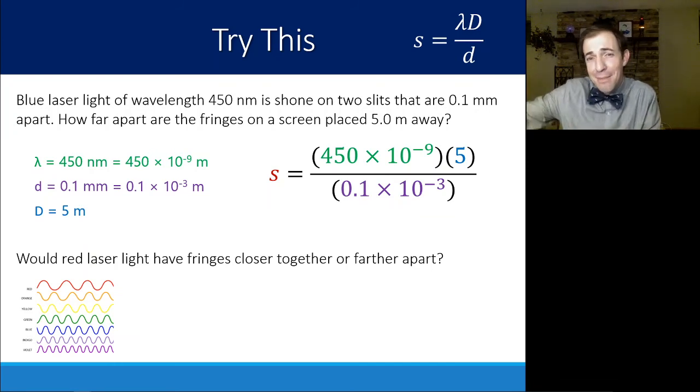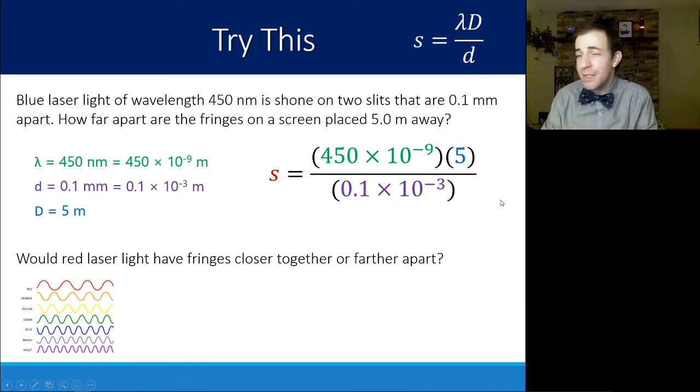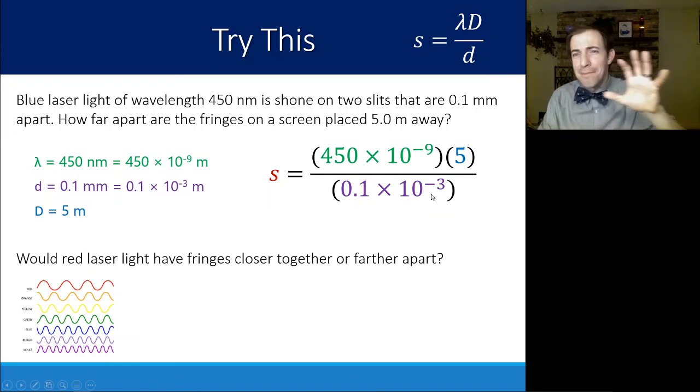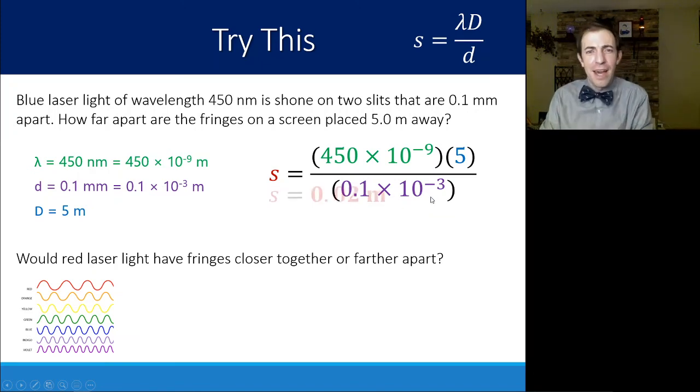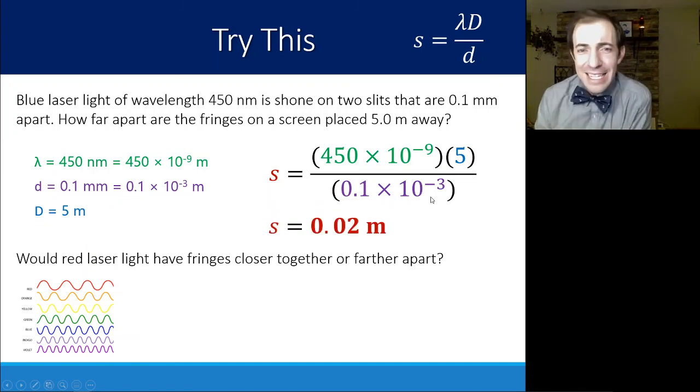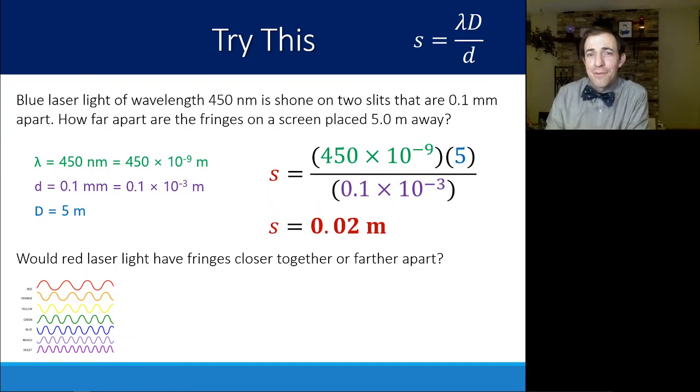That's equal to times 10 to the, so I would write 450 E negative 9. That just makes it easier to make sure that you're doing order of operations correctly. Otherwise, make sure you're using parentheses so you're not accidentally multiplying by a magnitude after the fact. This will all result in a spacing of about 2 centimeters or 0.02 meters.